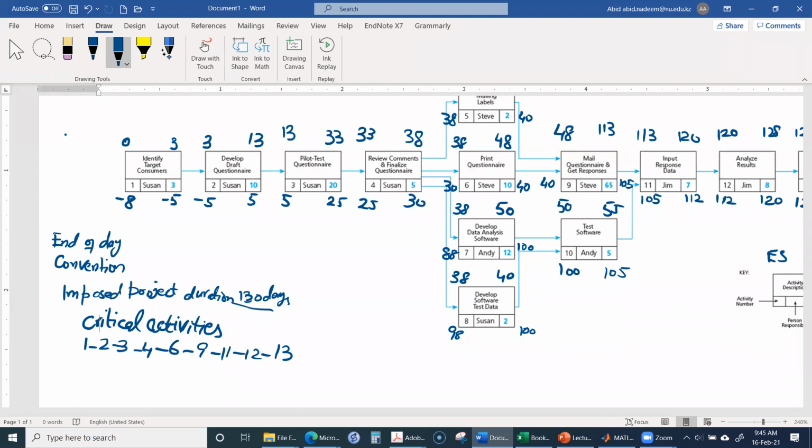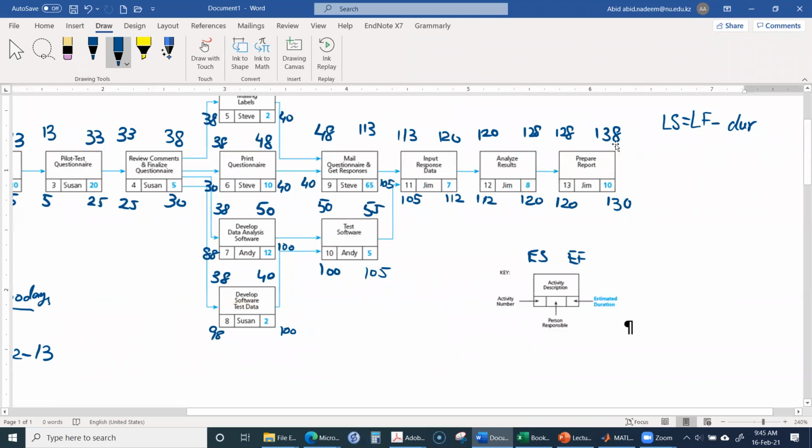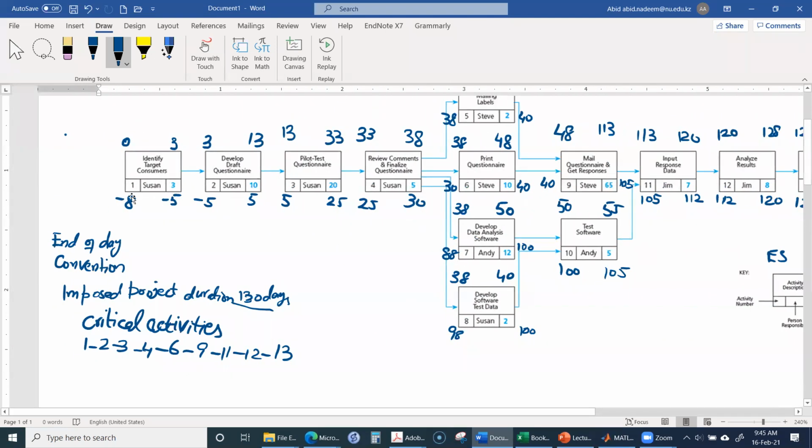Remember that we are taking a kind of special case. Normally we say the critical activities are those activities when we assume the project late finish date is the same as the project early finish date, and then we don't get these negative times over here, and we always get the latest start time to be at least the same as the earliest start time.